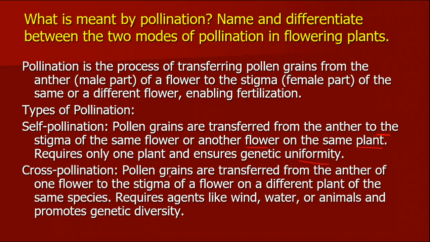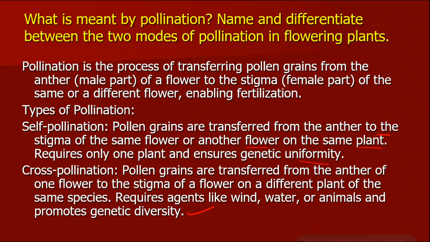In cross-pollination, pollen grains are transferred from the anther of one flower to the stigma of a flower on a different plant of the same species. It requires agents like wind, water, or animals, and promotes genetic diversity. Next question on your screen.